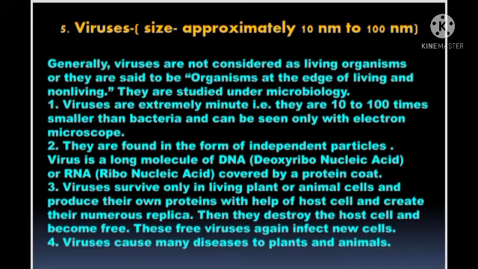Then they destroy the host cell and become free. After making the copy of itself, what do they do? They destroy the host cell from which they were producing their own proteins. After making its replica, they destroy the host cell and become free.